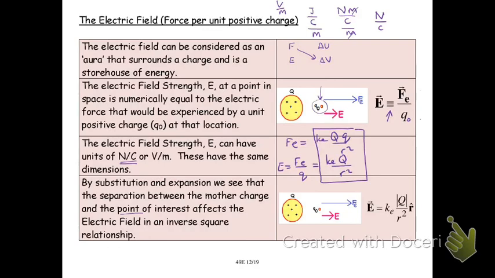And you really got to recognize, oh yeah, electric force is big charge and little charge. Electric field is only big charge. And they're both inverse square. If I double the separation, I get a quarter the force. If I double the separation between the mother charge and the point of interest, I get a quarter the field.